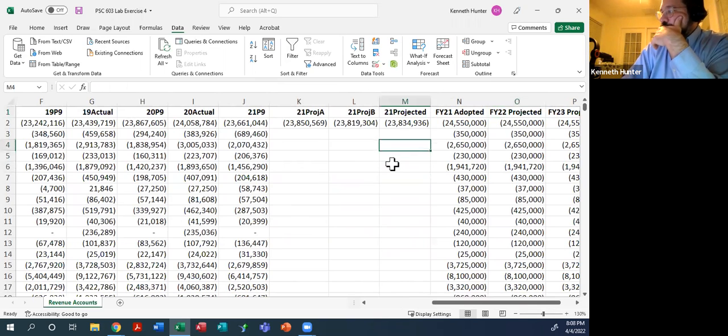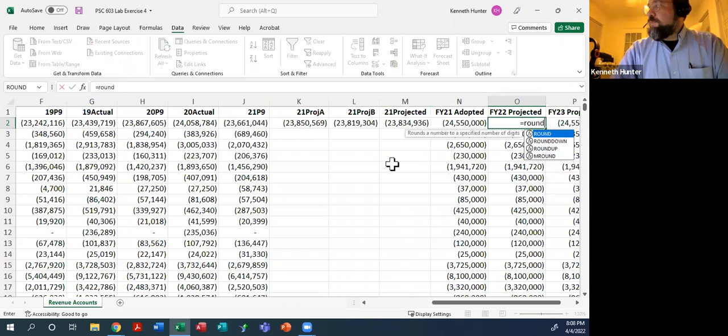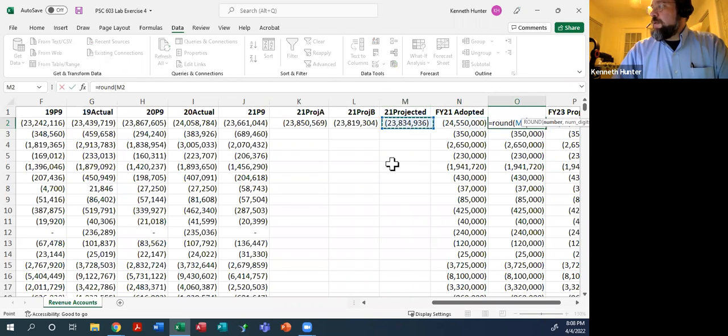So now I compare that to my projected; my adopted was 24,550. Now, what you want to do when you're doing these forecasts and projections is round them. So I'm going to round it to the nearest 1,000. So equals ROUND of this number.